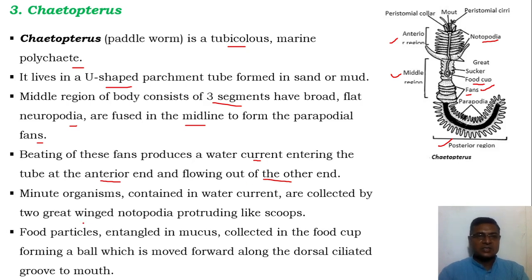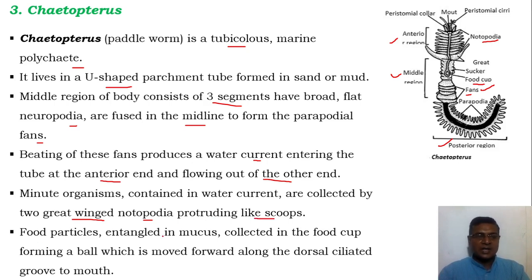The minute organisms present in that water current are collected by the two great winged notopodia, observed at the basal region of the anterior region, which are modified notopodia protruding like a scoop.